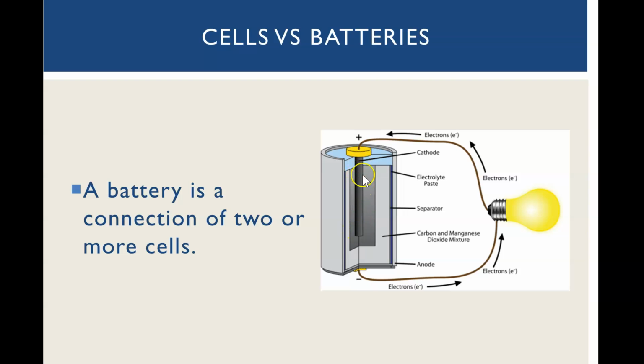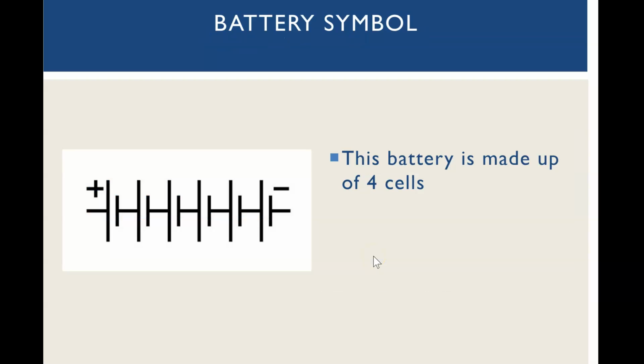Basically, this is your electrode that is positively charged, and then right over here on the outside is an anode. It works a little differently than the voltaic cell, but it's the same concept.